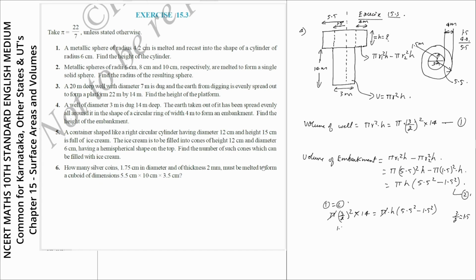So 1.5 whole square into 14 is equal to h into 5.5 whole square minus 1.5 whole square. So 1.5 into 1.5 into 14, divided by 5.5 whole square minus 1.5 whole square, is equal to h.